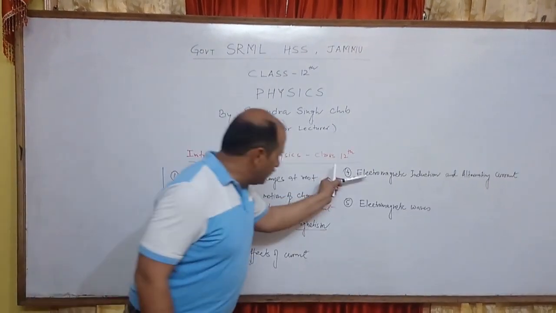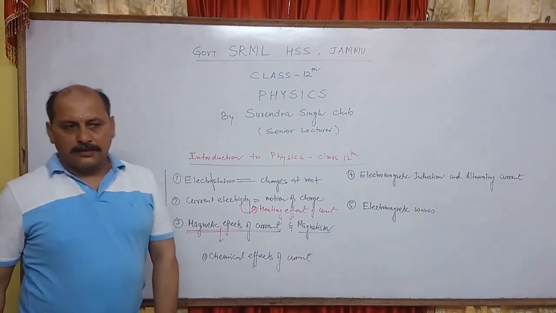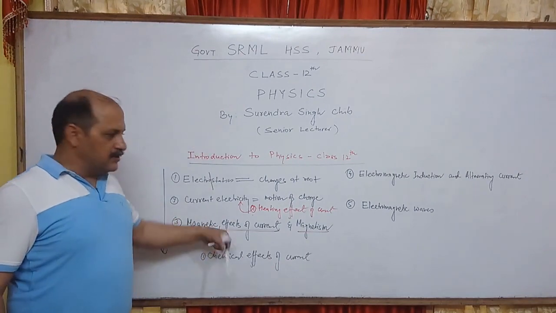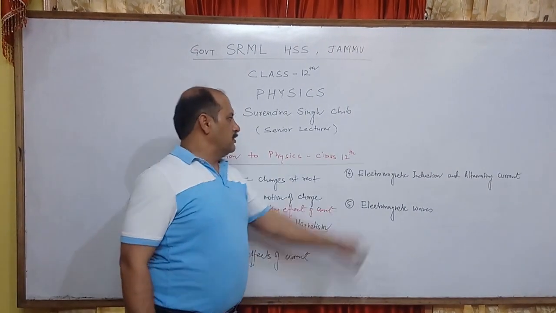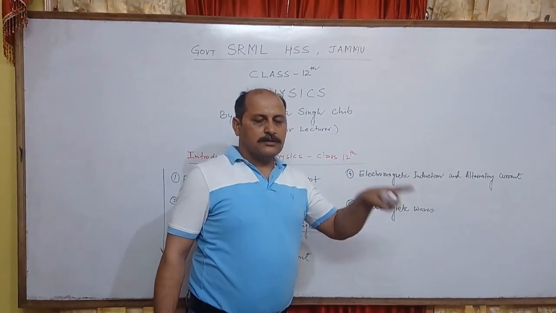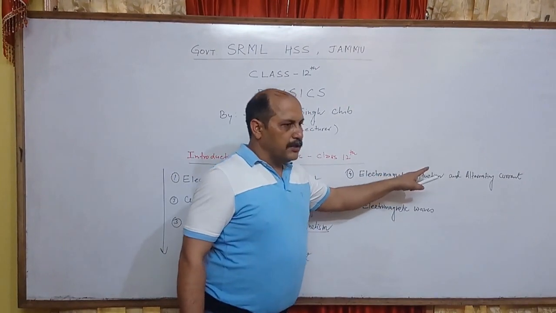So this is that unit: electromagnetic induction. Here, this is the straight path. Now we will start the reverse one. From magnetism, we will get electricity. That is called electromagnetic induction.